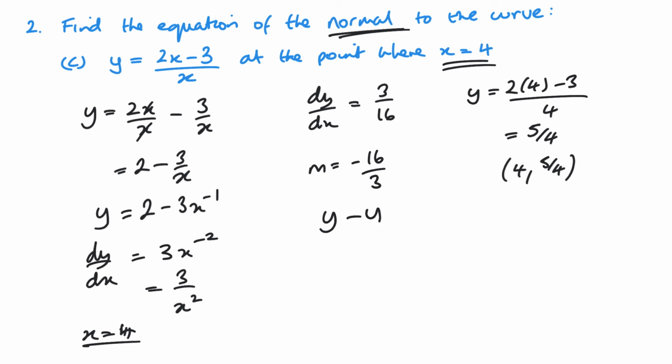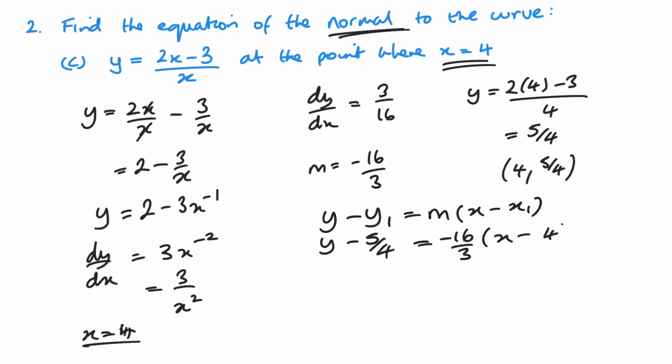Now, very simply, y minus y1 equals m(x minus x1). So we've got y minus 5 over 4 equals minus 16 over 3 (x minus 4). Now, I'm going to multiply through by 12 so that it's a little bit easier for me to deal with.